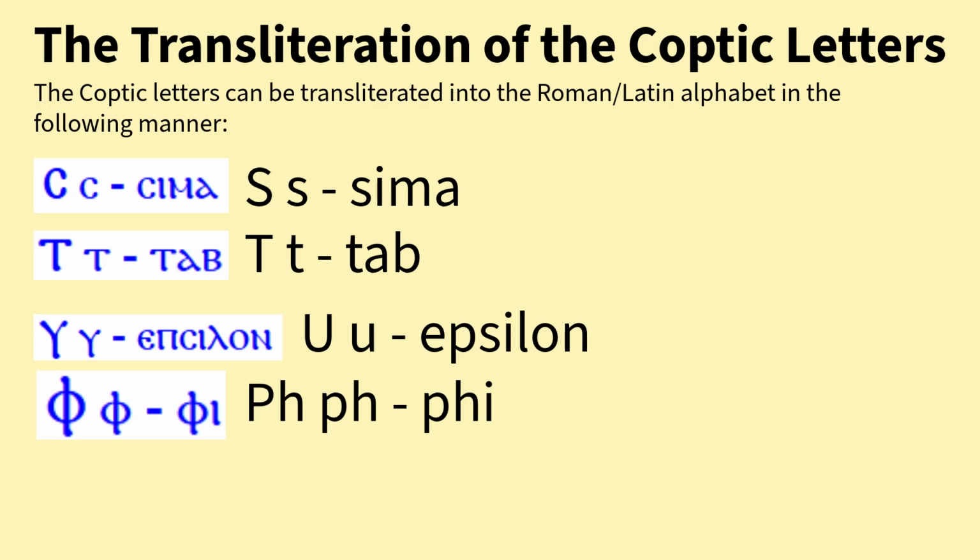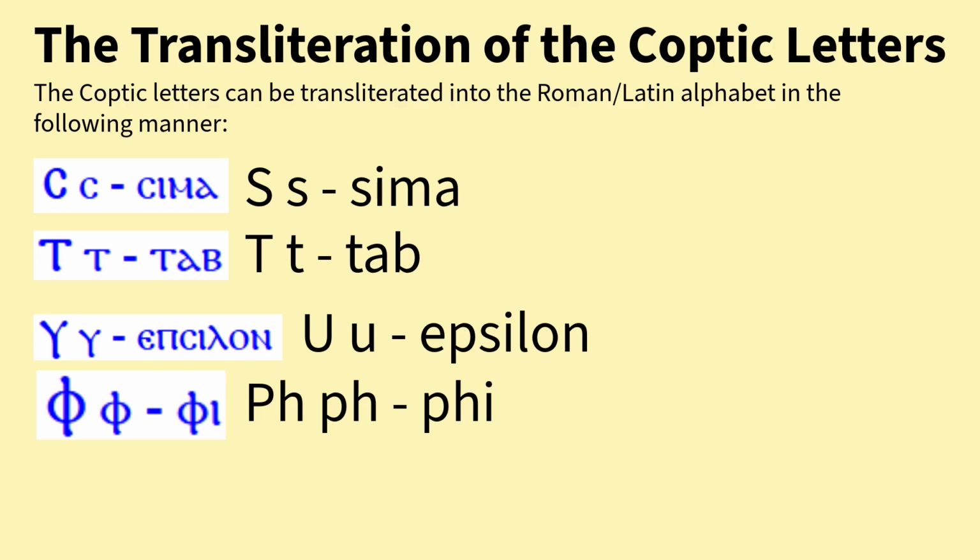However, we have Dab, the letter Dab, because even though it's transliterated as T, it is pronounced as a D. And the letter T will be pronounced as a D sound apart from final position also. We'll see this in Coptic words as we go along. However, this is the letter Dab. So Sima, Dab, with a D sound.